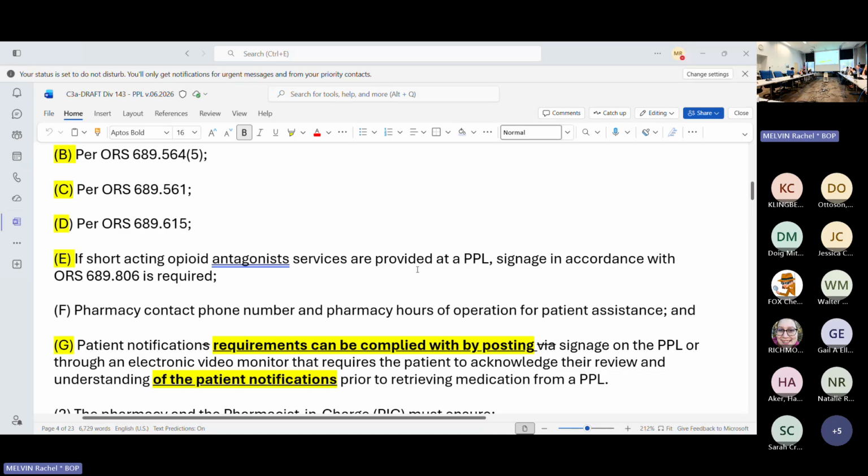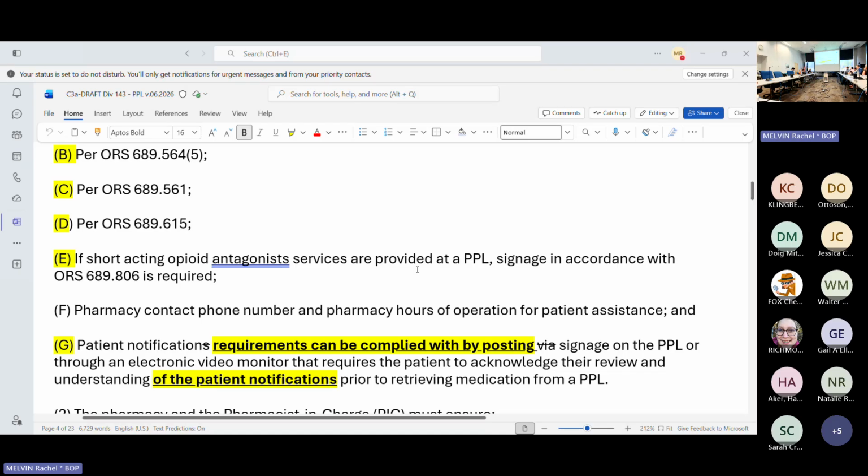ORS 689.806 requires posting signage if there is an offer to provide a short-acting opioid antagonist service in real time. So in the scenario of a pharmacy preparing a prescription for dispensing from the PPL that the patient has already requested, it would not meet this law. So that isn't the intention.